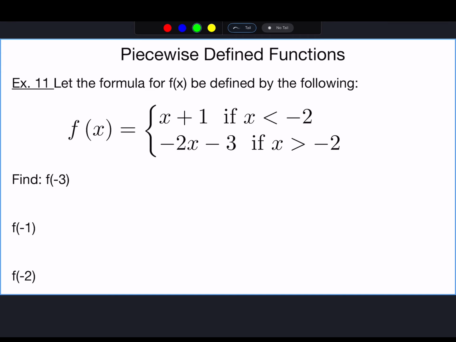Okay, it's linear because the power on x is 1. Basically what that means is we plug in an x, we get out a y, and the rate of change of that is always the same. What is the rate of change on a linear function? It's the thing in front of x. It's 1 in this case.